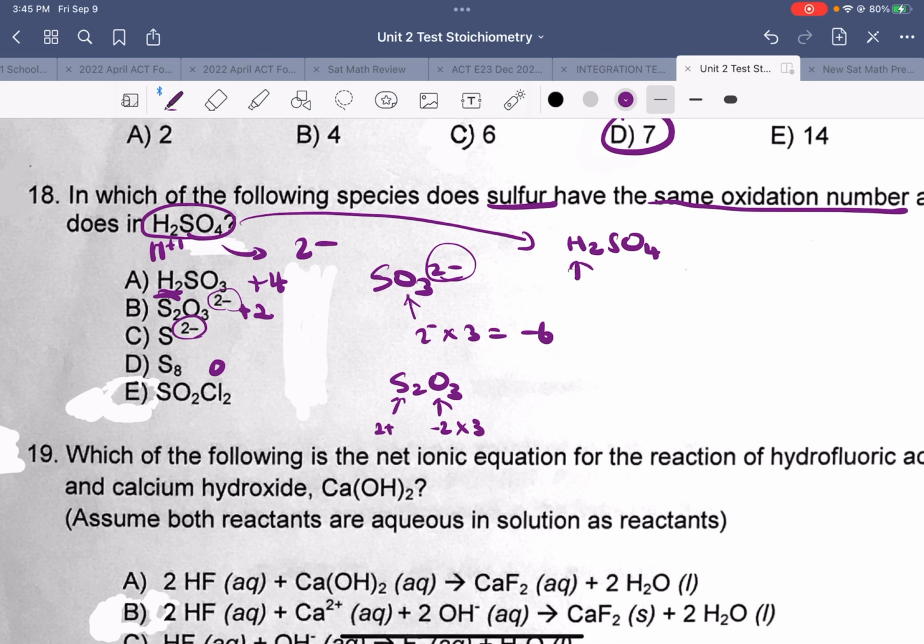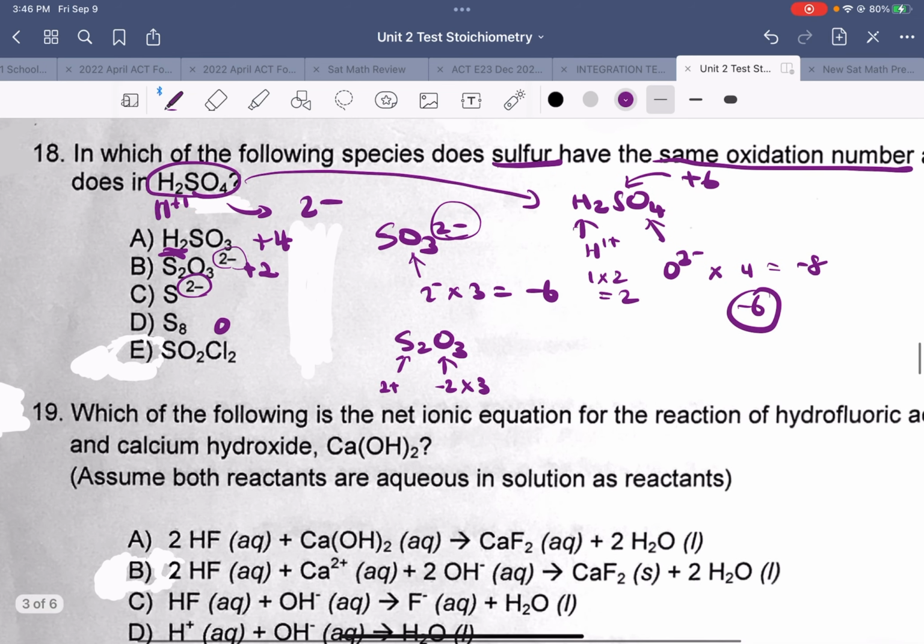H2SO4. So H is 1 plus, right? And O is 2 minus. So that means times 4 is a negative 8. And then H, 1 times 2 is a 2. So when you add up, that's a negative 6, right? So S should be plus 6 charge. And then which one is a plus 6 charge, right?